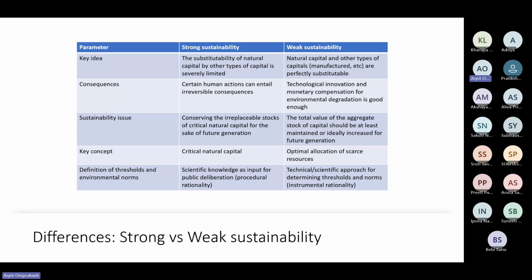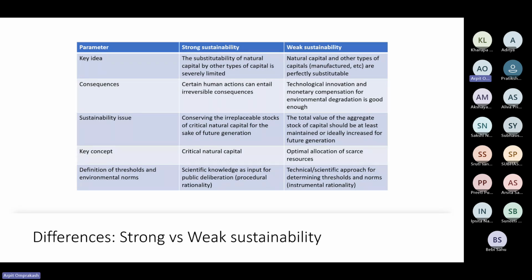So certain actions carried out by humans can have irreversible consequences, whereas weak sustainability says that technological innovation and monetary compensation for environmental degradation is good enough. As long as we are getting some value out of it, like minerals that are mined from the mine, it's okay to cut down the trees and degrade the landscape.